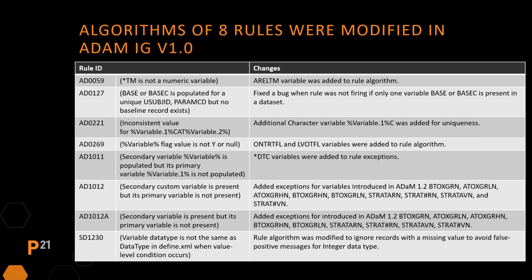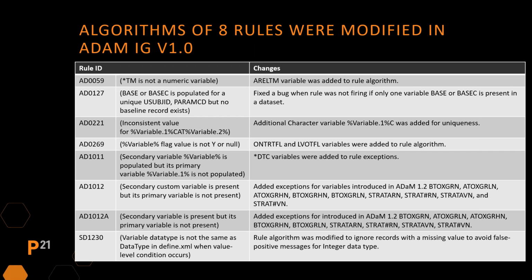AD1012 and AD1012A check if secondary variables are present, but primary variables are not present in the dataset. AD1012 is for custom variables, and AD1012A explicitly checks variable pairs defined in CDISC documents.